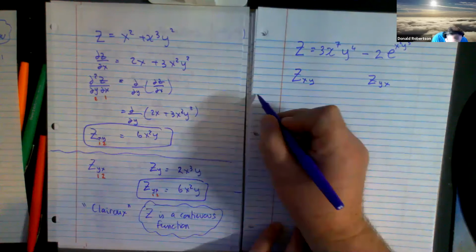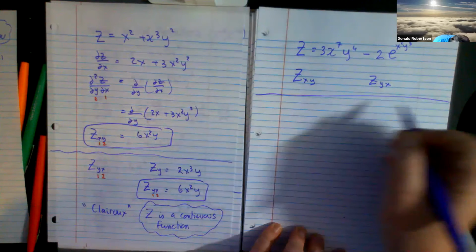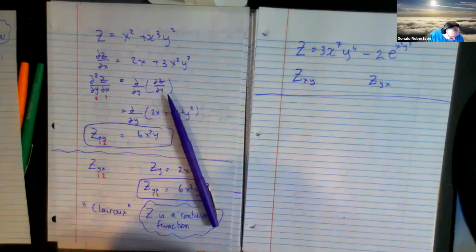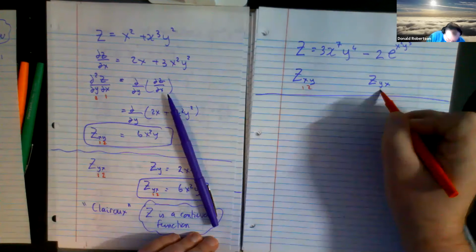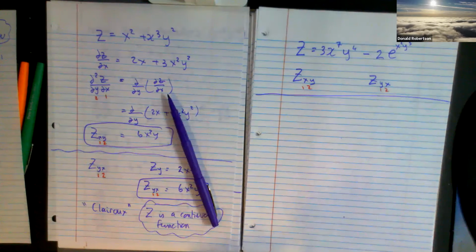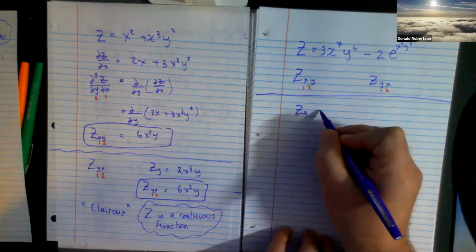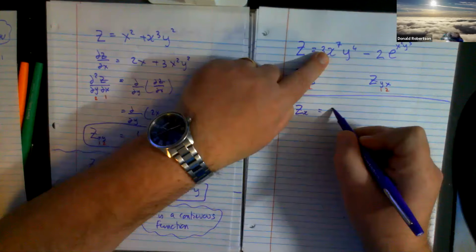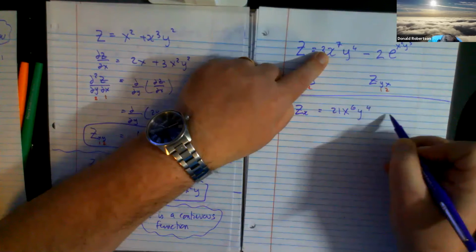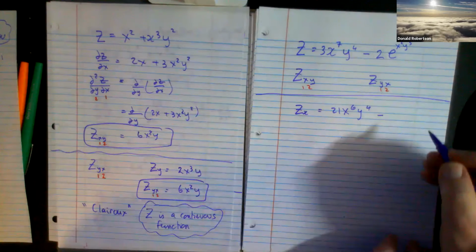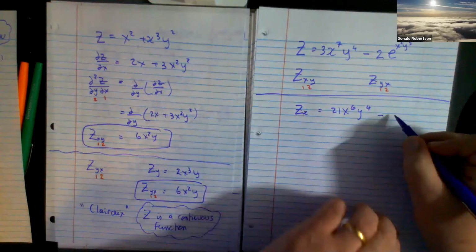You know, I like this notation, 1 and 2, 1 and 2, because it makes it easier for me to remember who you do first and who you do second. So, partial derivative with respect to X, 21 X to the 6, Y to the 4. Take away, with respect to X, you get 2 lots of this guy.